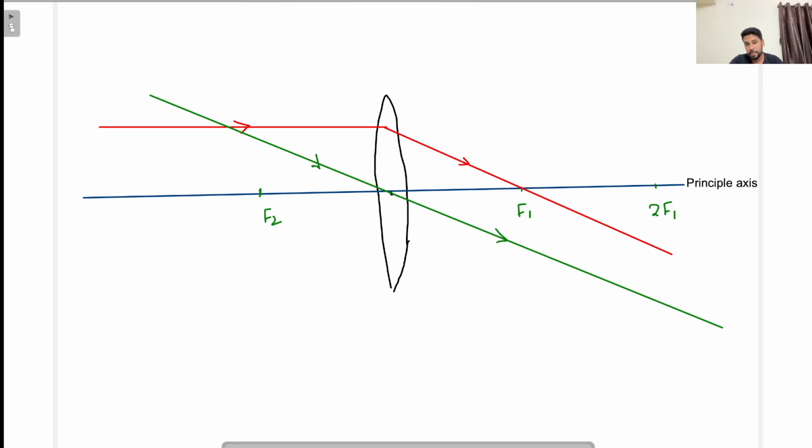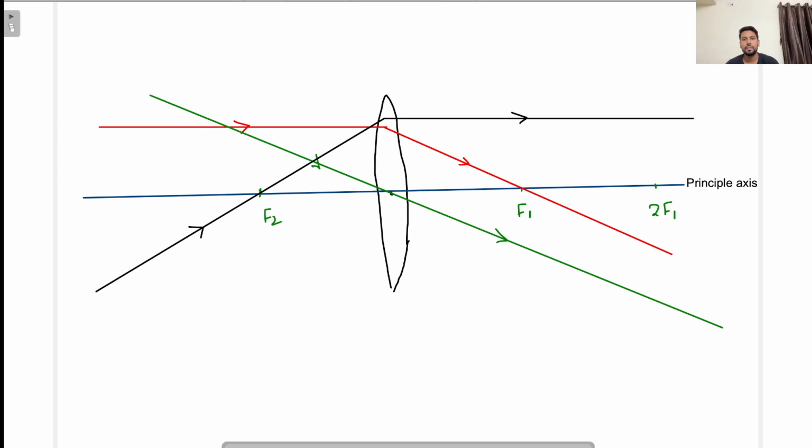When light goes through focus, I will draw with black color. If the light passes through focus, after refraction from the lens, it goes parallel to the principal axis.